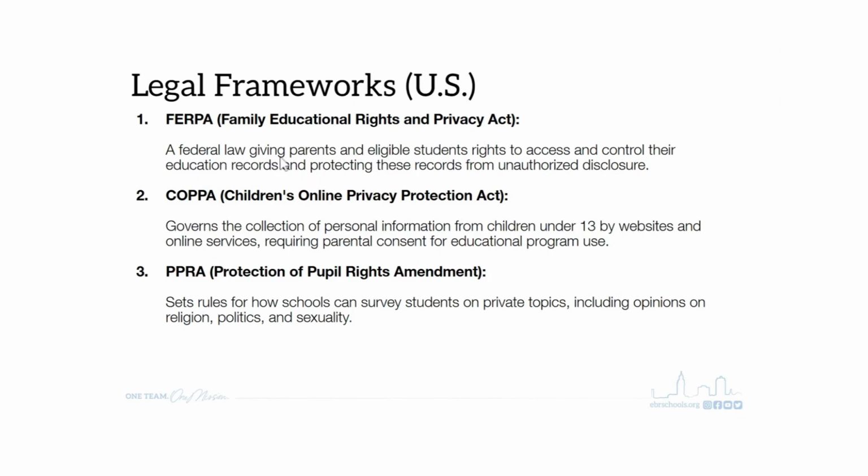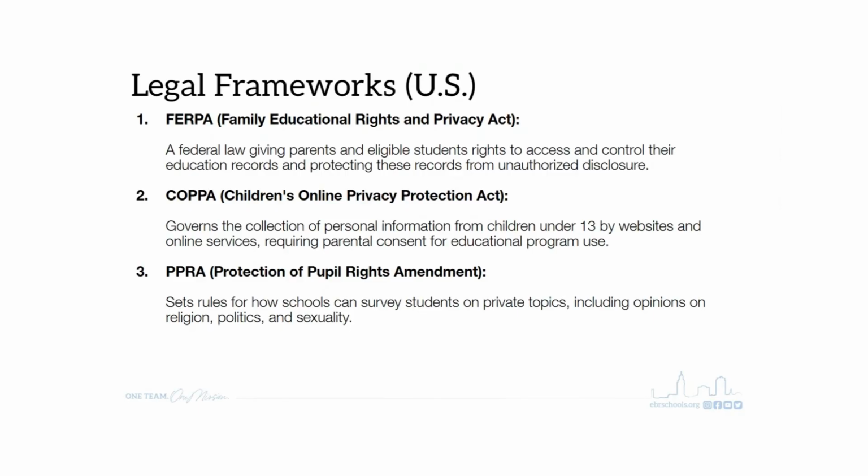It's a federal law giving parents and eligible students rights to access and control their educational records and protecting these records from unauthorized disclosure. The next is COPPA, our Children's Online Privacy Protection Act.